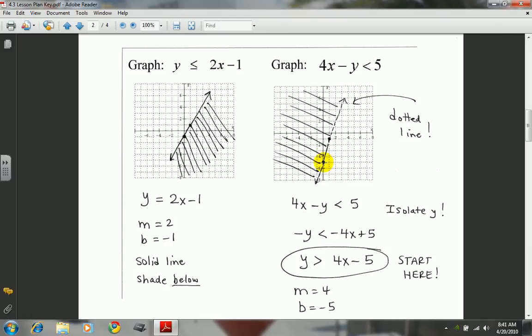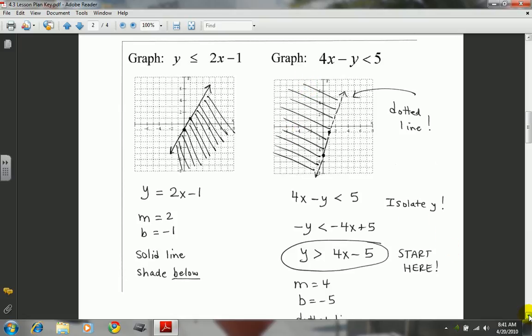I go up 4, 1, 2, 3, 4, and over 1. I connect those points with a dotted line, again, since there's no equals under the inequality. And y is greater than, so notice the yellow, I'm shading above the line. So I have an open half plane, open meaning the boundary line's not included.